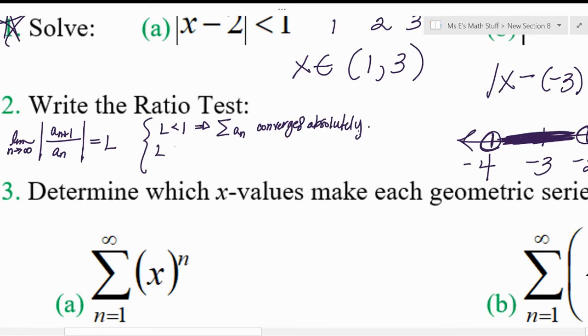If L is greater than 1, then we'd find out that the sum of all the a sub n's diverges. And then, and this is going to become key in this lesson, if your limit value is exactly 1, then this test basically is inconclusive. Like you could get an L value of 1 on something that converges or something that diverges. And so we would say the ratio test is inconclusive.